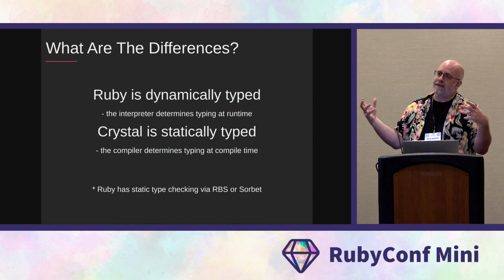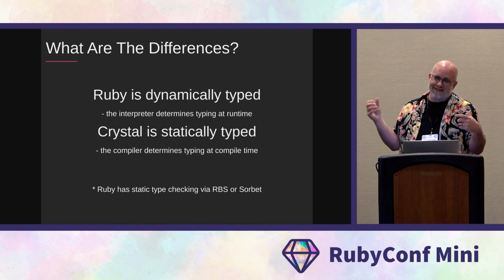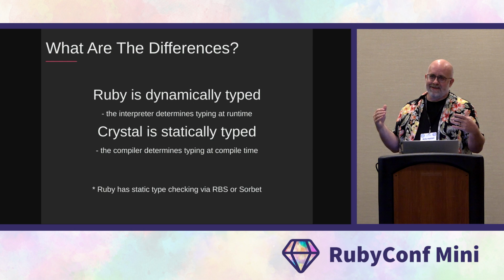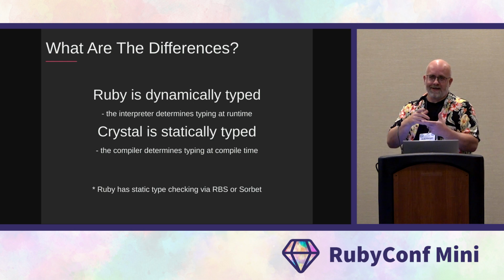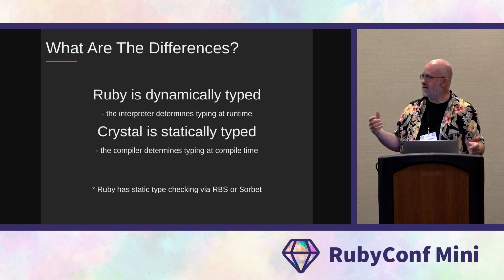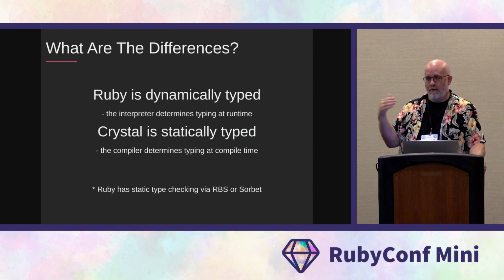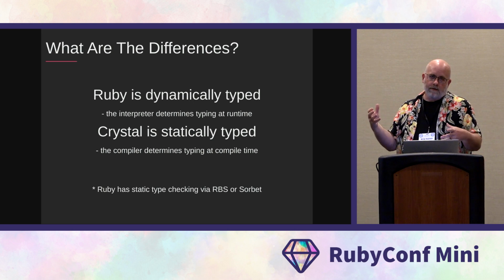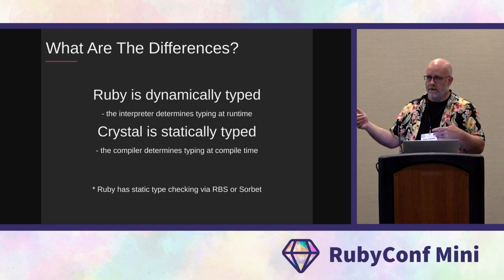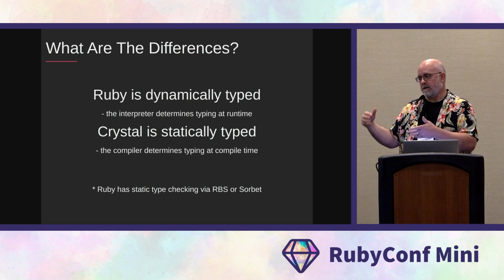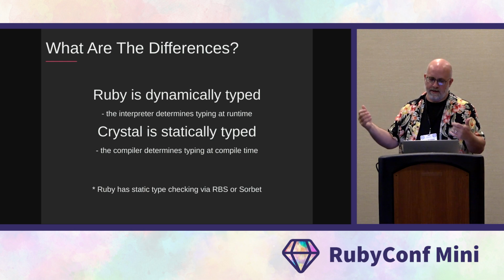Ruby is dynamically type checked. What that means is that the Ruby interpreter is checking the types of your data objects at runtime, and if you get something wrong, you're not going to know it until you run your code and Ruby figures out, oh, there's a mismatch here, and throws an error.